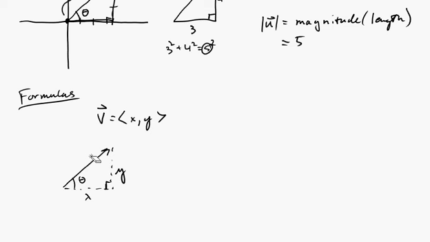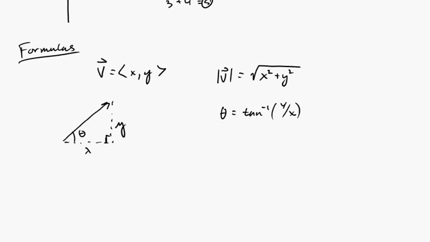Then here's how you do it. The magnitude is going to be the square root of x squared plus y squared. This is actually the Pythagorean theorem in disguise. And then theta is going to be tan inverse of y divided by x.